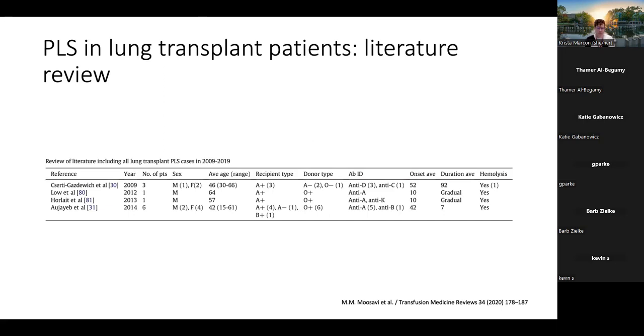The report was just for the RHD related PLS and was approximately 1 in every 31 lung transplants, so around 3%. And it shows 75% demonstrated some degree of hemolysis. It also reported that the severity of PLS cannot be predicted based on the volume of lymphoid tissue present.